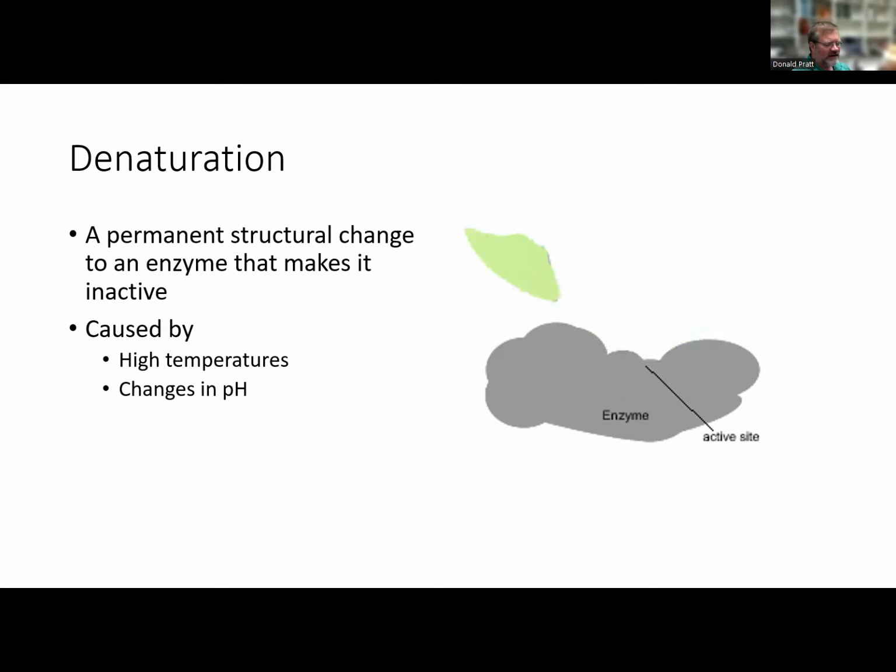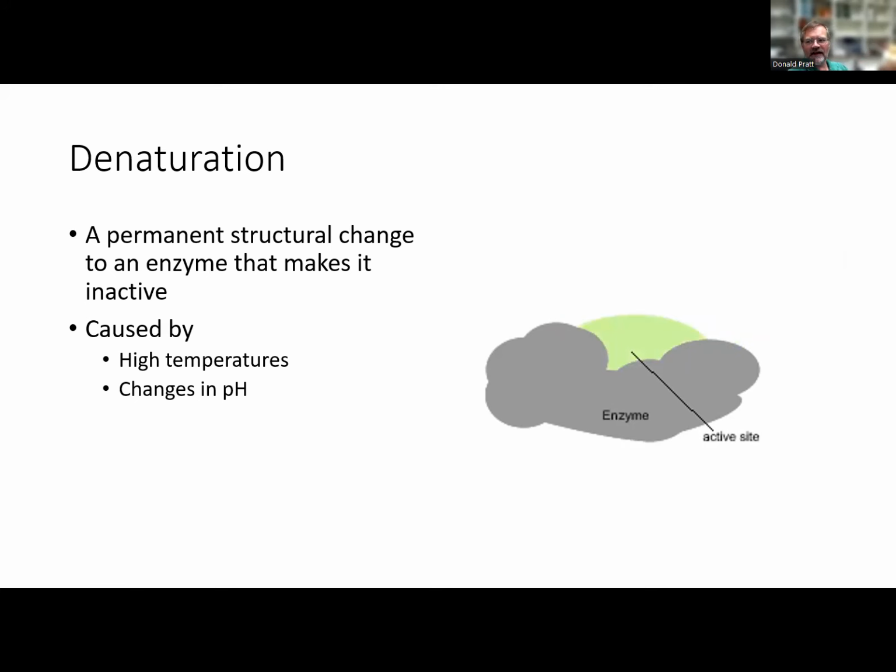In the raw egg, it's clear. But if you heat it up, it turns white and opaque. And that's a permanent change. Once you've denatured those proteins, you can't put them back into the clear form again. Other things that can cause this are a change in pH. If it's too acidic or too basic, it can actually destroy the protein.